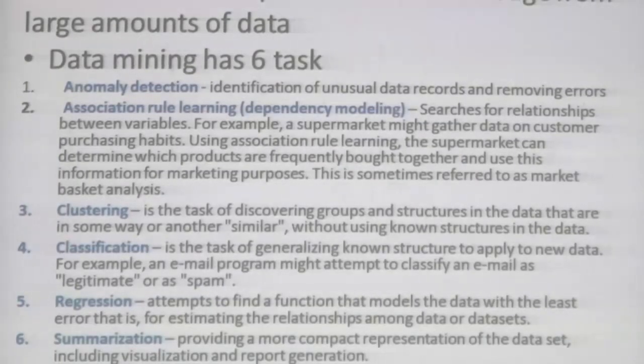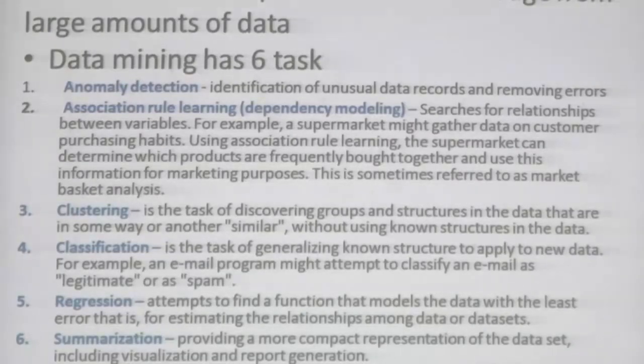Regression attempts to find a function that models the data with the least error, that is, estimating the relationship among data and data sets. It is removing errors actually. Earlier we explained anomaly detection, and that is removing.